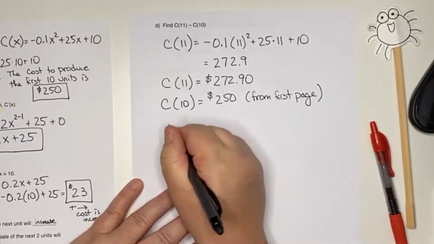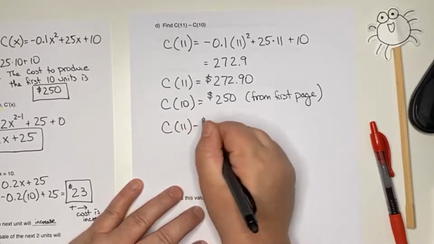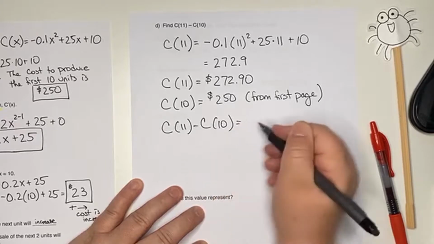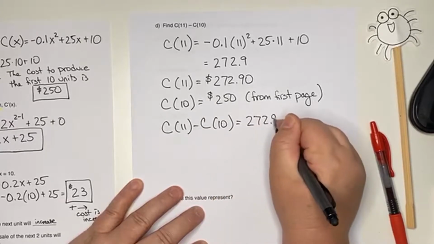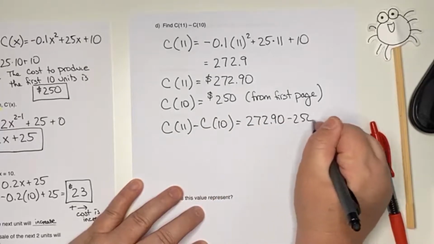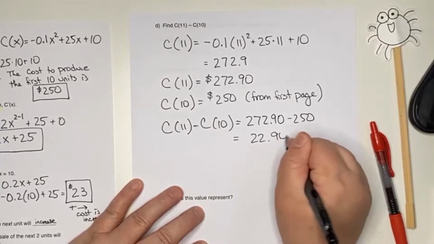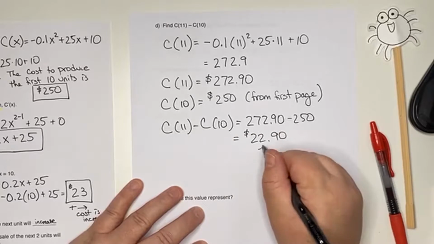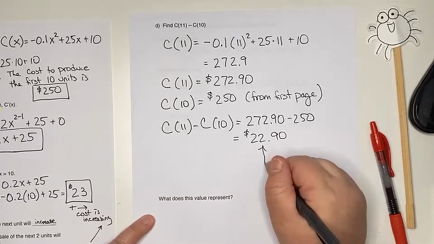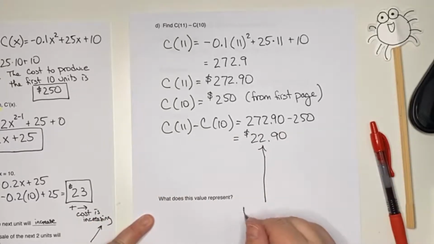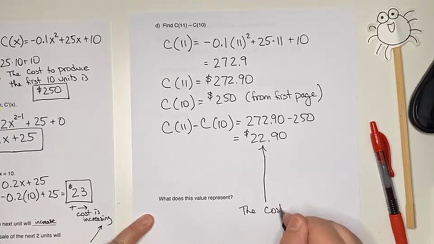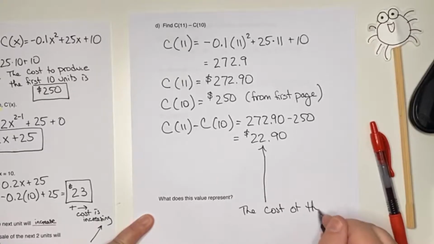So then let's find C of 11 minus C of 10. 272.90 minus 250 equals, that looks like 22.90. This is, I'll come down here, the cost of the 11th unit.